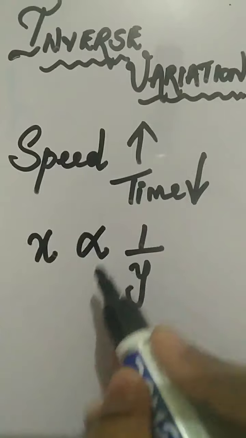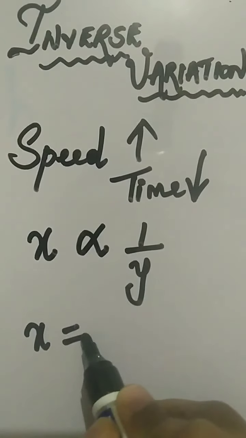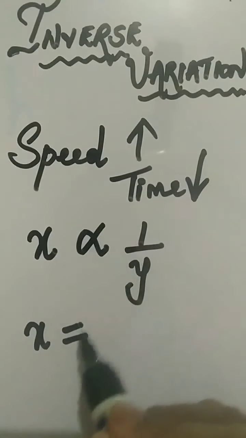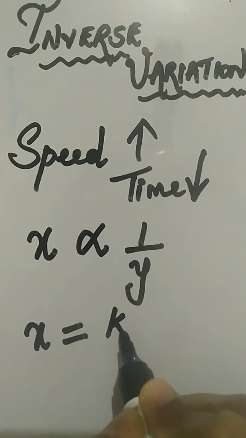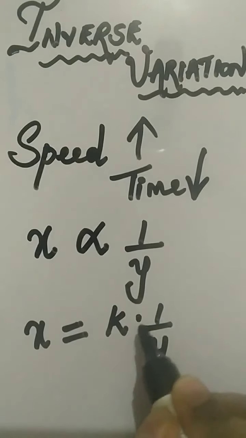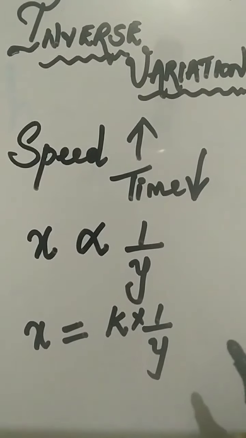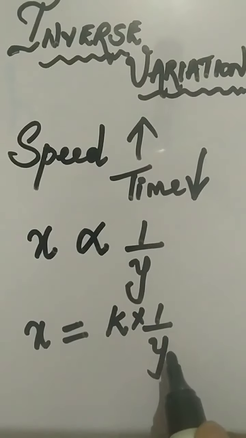So how will you get the equation? X is equal to, when you remove the proportionality sign, you put equal to, and you introduce the constant k multiplied by 1 upon y. This dot stands for multiplication. So x is equal to k into 1 upon y.